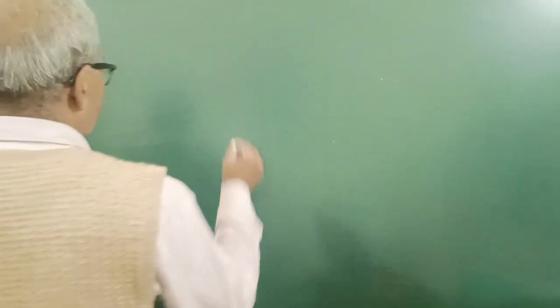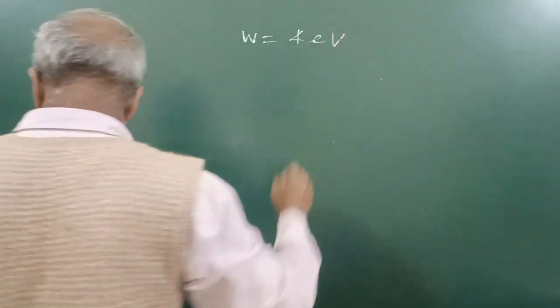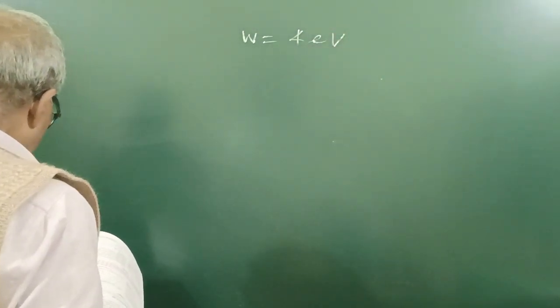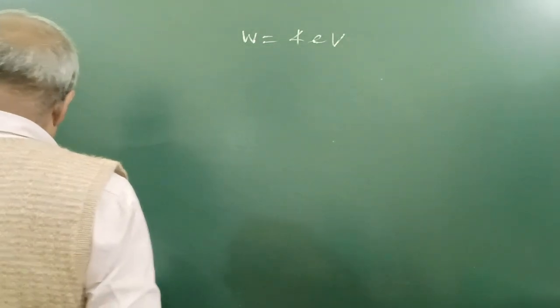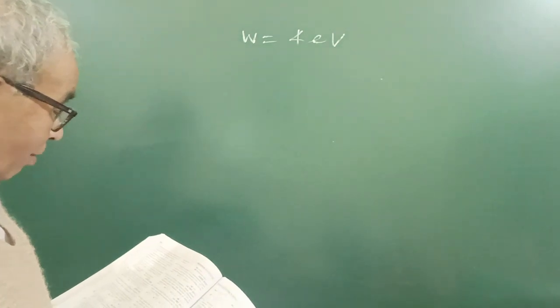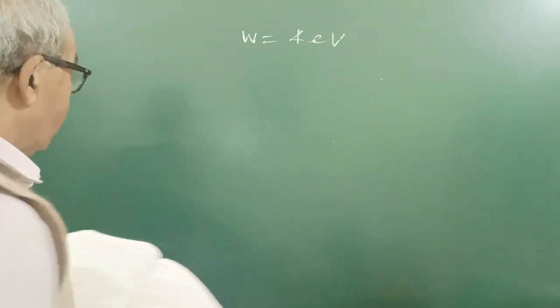Now there is another question here. The work function of a metal substance is 4 electron volt. The longest wavelength of light that can cause photoelectron emission from the substance is approximately.